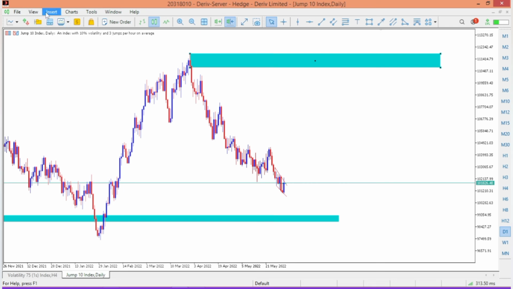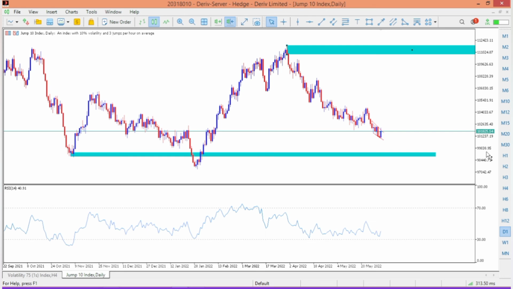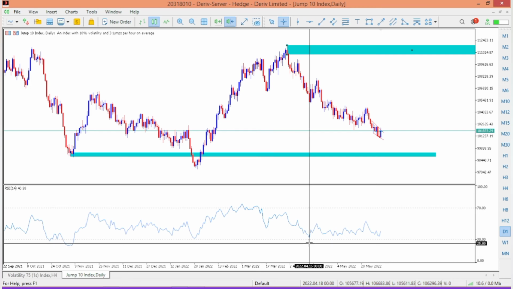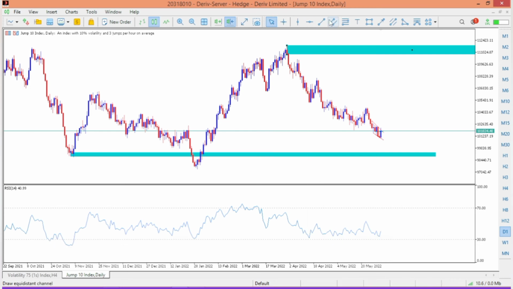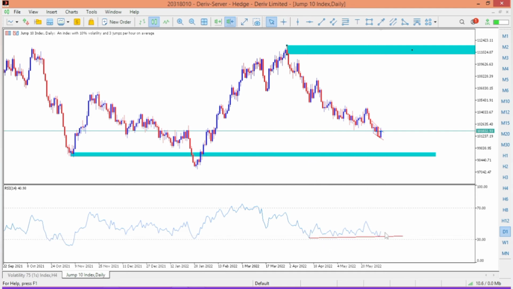Another thing I need to let you know is that a divergence also occurred on the daily time frame, which is something we have to look out for. You can see it here. This is higher than here, and this low is lower than this one. But on price itself, you can see it's creating a series of lower lows while the indicator is not doing the same.